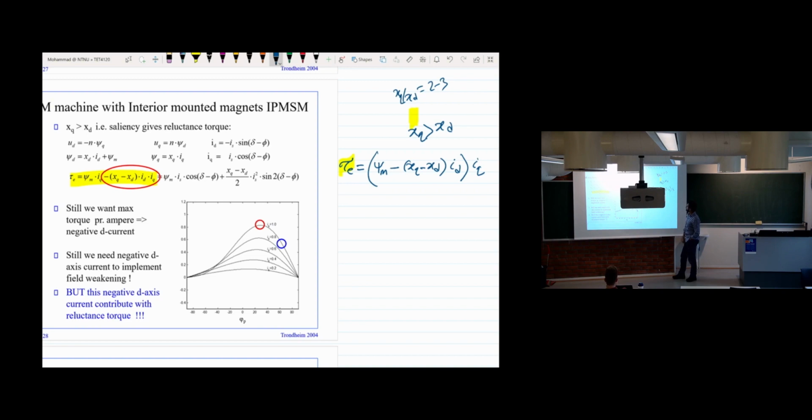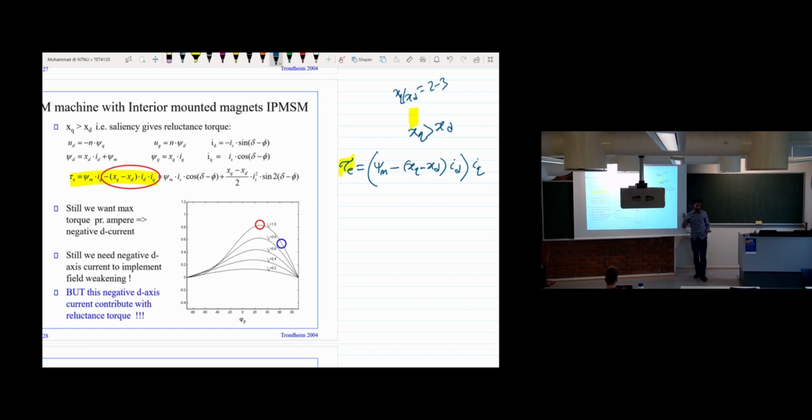So what do you see? In field weakening, we always provide negative d-axis current, right? If we provide negative d-axis current, here you have the negative, then negative becomes plus. So this d-axis current also helps to produce torque. That is not the case for the surface-mounted machine. So the advantage is that we also get torque from this negative d-axis current.